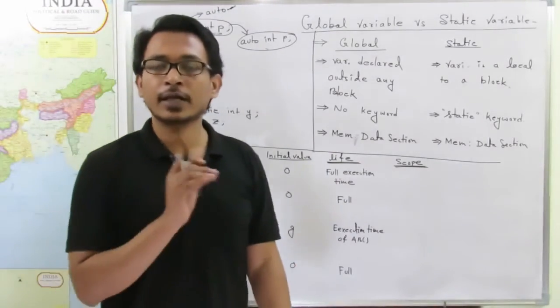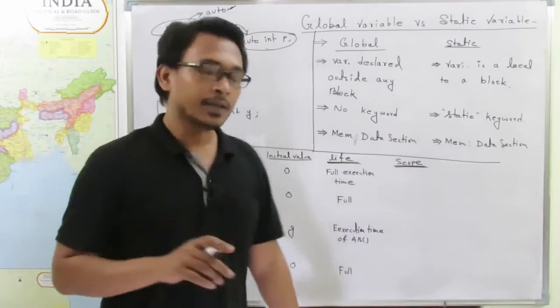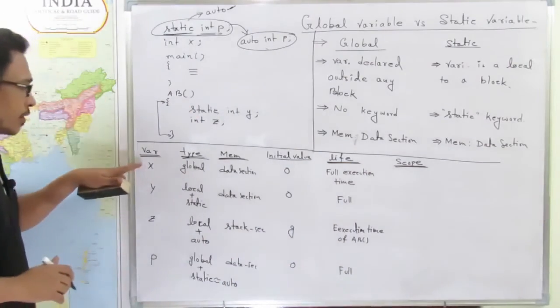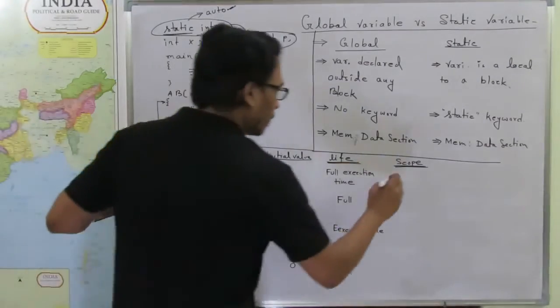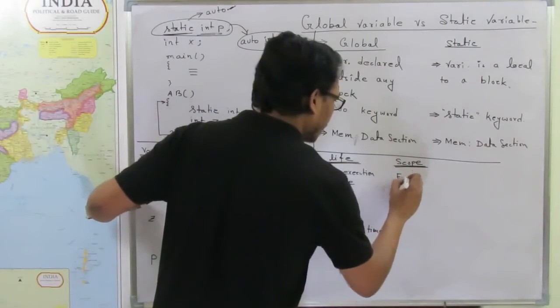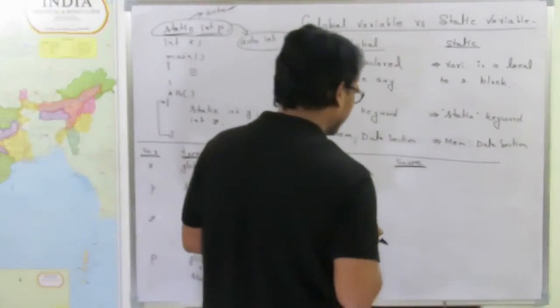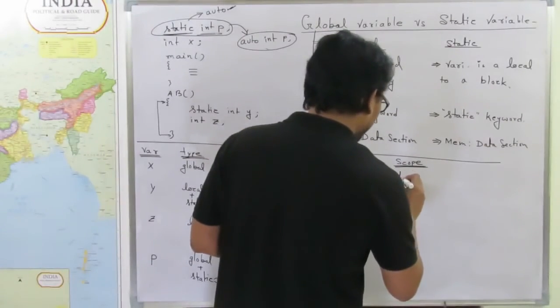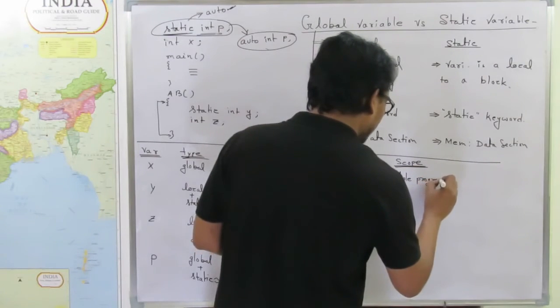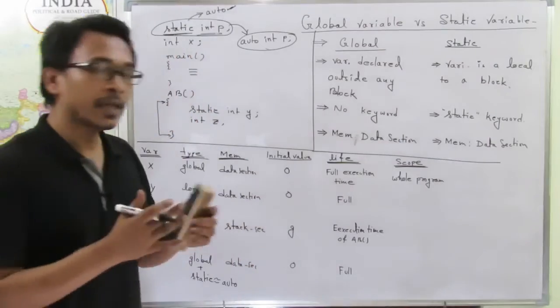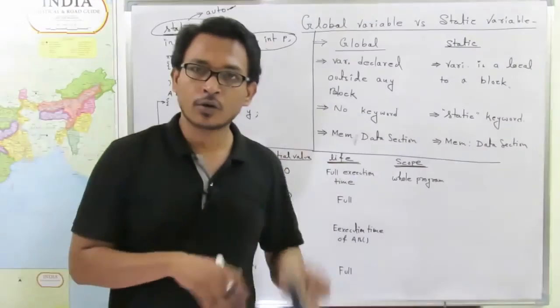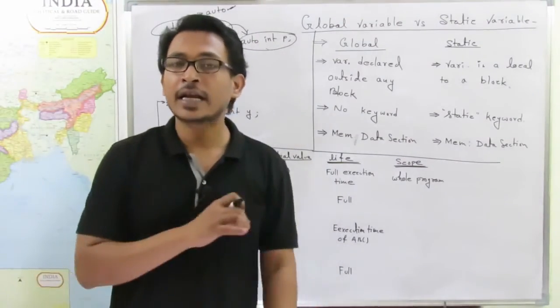Anywhere in the program we can use any global variable. So for the global variable x, the scope will be the whole program. What does whole program mean? It means we can use this global variable in any place or in any instruction.